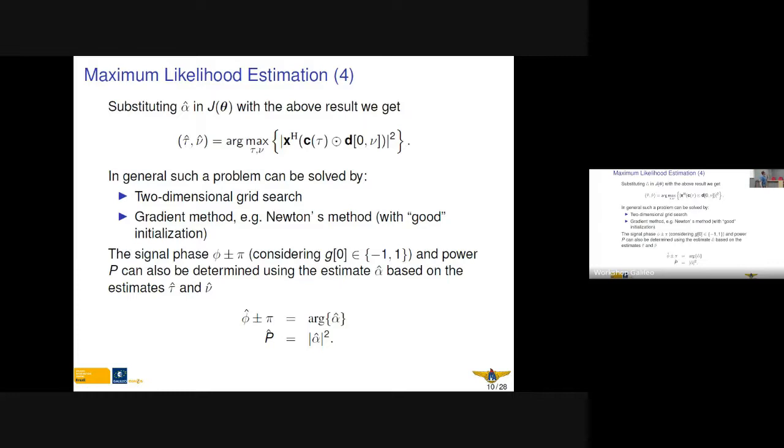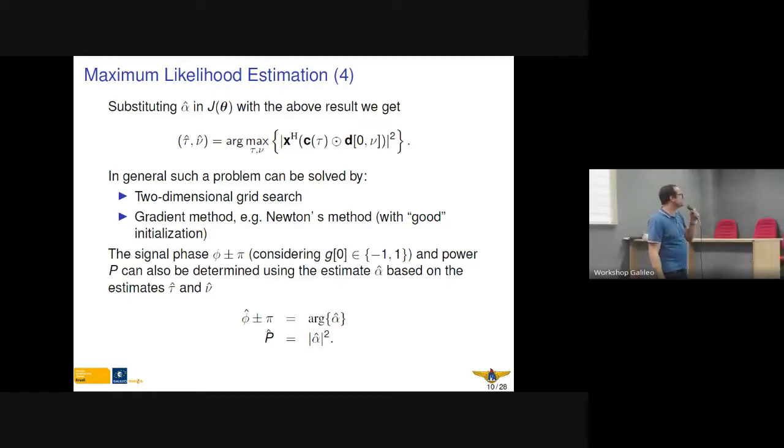In general, the two-dimensional grid search is not really accurate because it depends on the resolution that you use for your grid search. You can then move to a gradient method or Newton's method with good initialization, because we are looking here in general at a nonlinear problem and a non-convex problem. However, we will see later the problem is convex, or concave in our case because we're maximizing, in a region.